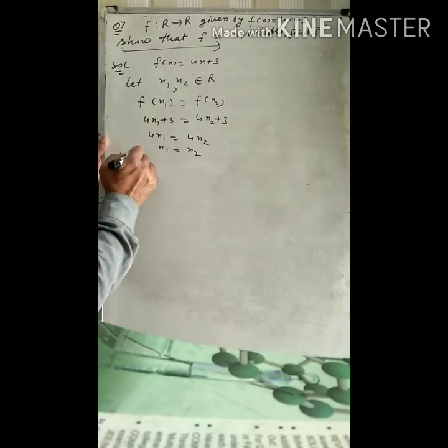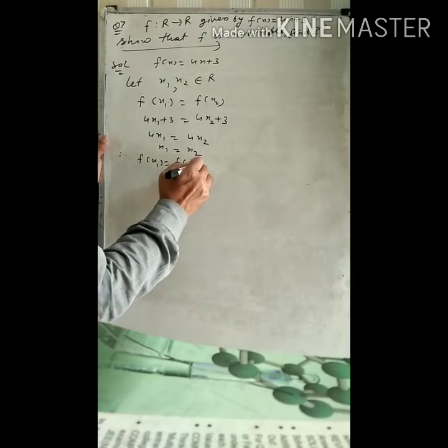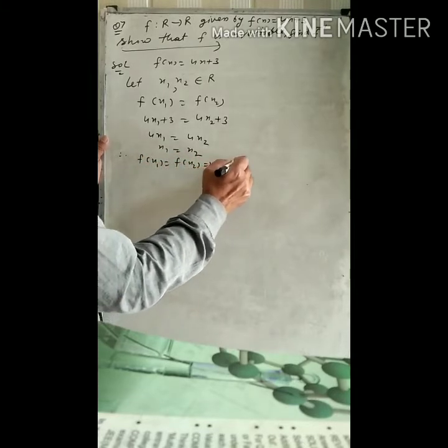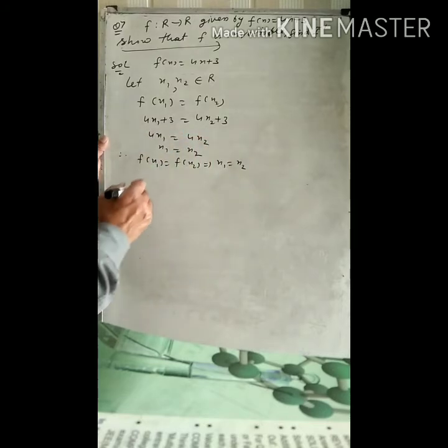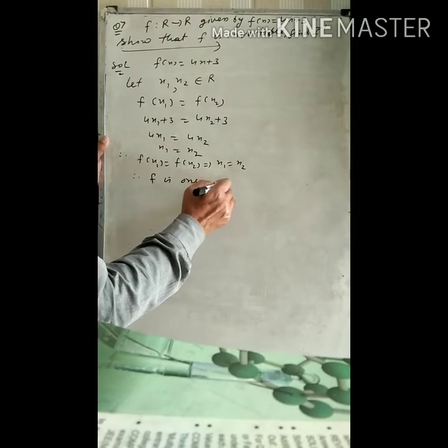So therefore f of x1 is equal to f of x2, this implies x1 is equal to x2, so hence f is 1-1.